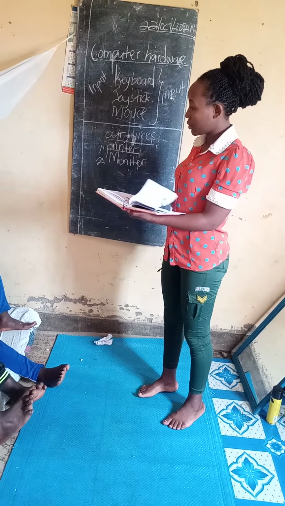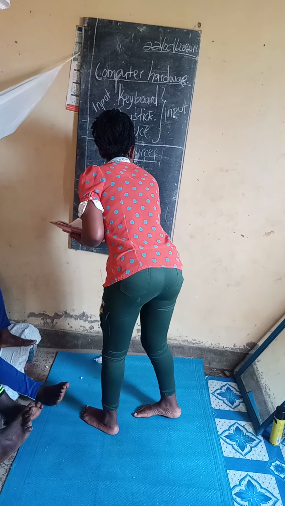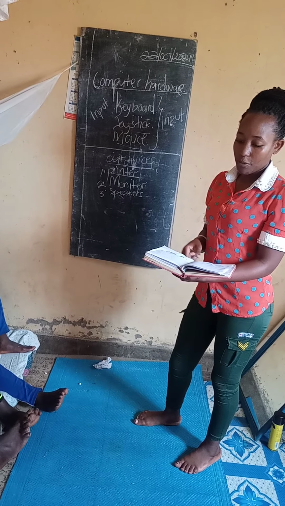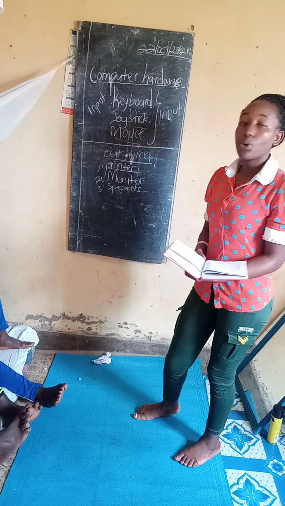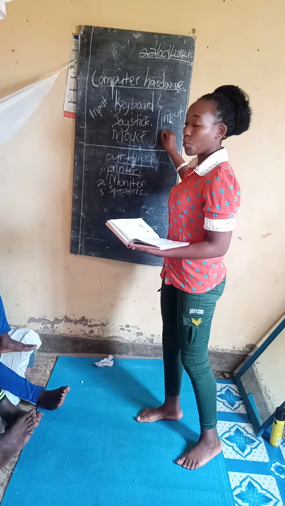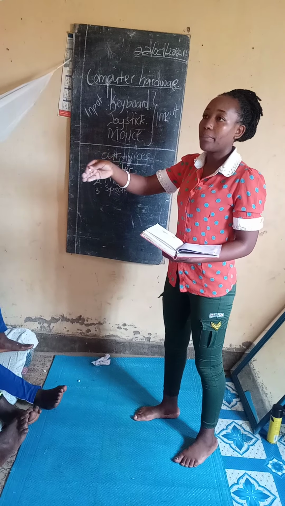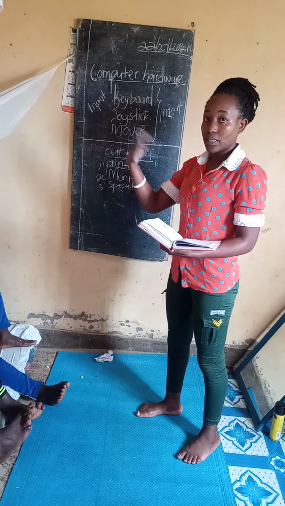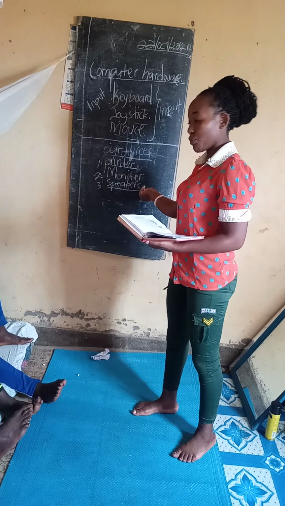Yes? Speakers. So I think all of you have ever been to any place where there is loud music. Yes? That loud music is played on a computer, but it's the speaker that brings out that sound you hear from a computer.